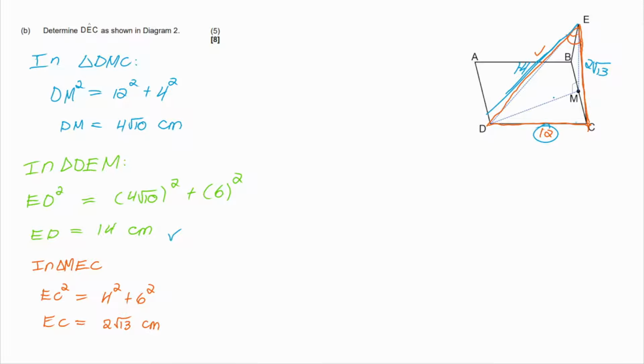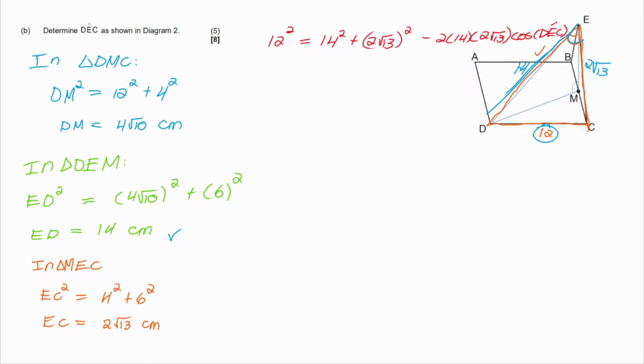Now finally we can apply the cos rule. From the cos rule, 12 squared is equal to 14 squared plus 2 root 13 all squared, minus 2 times 14 times 2 root 13 cos of angle DEC.